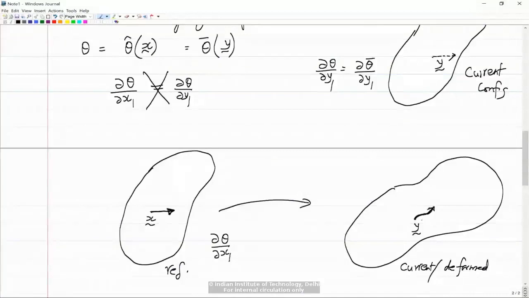It is not the same thing as moving along this horizontal line over here. So this thing is actually del theta by del y1, whereas this thing over here is del theta by del x1.